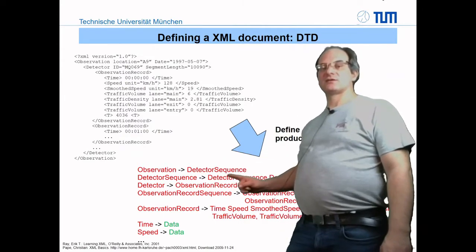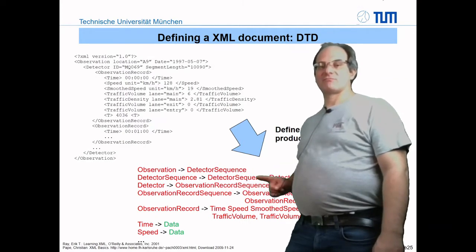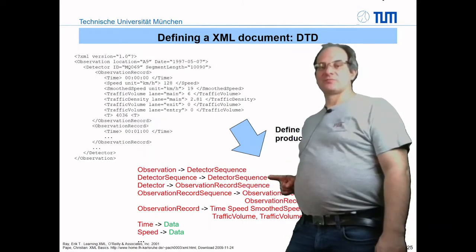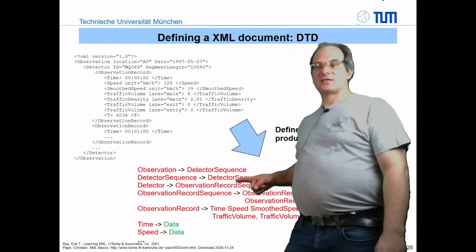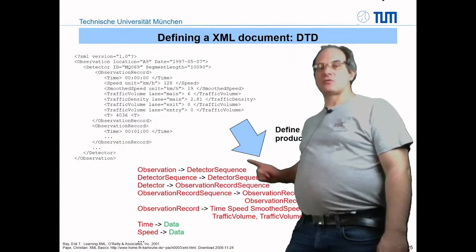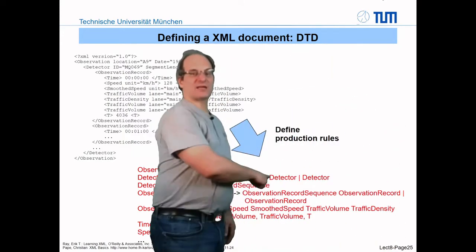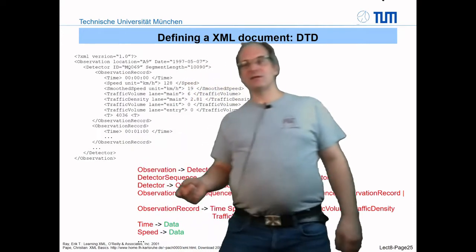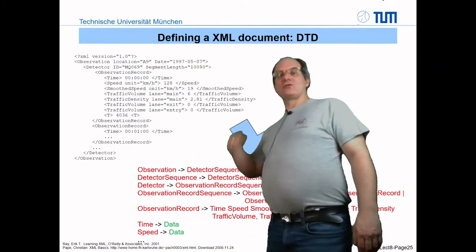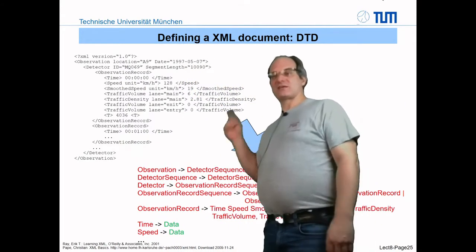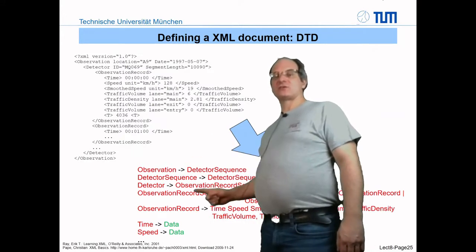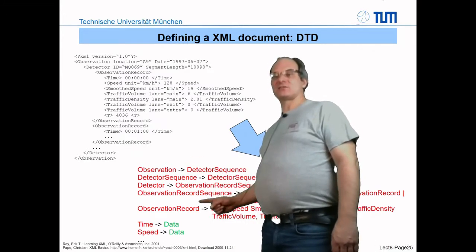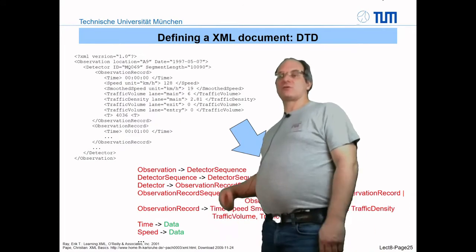So this is the regular expression part here. It's a detector sequence and a detector, or only a detector. Again, a sequence means you have a list of detectors, and then a detector contains a list of detector information, so of records.